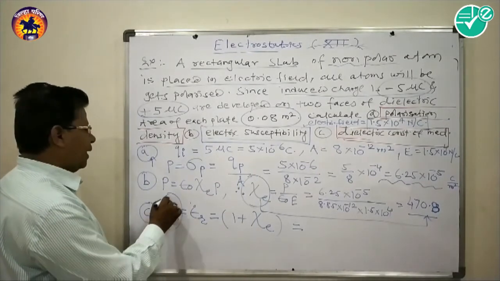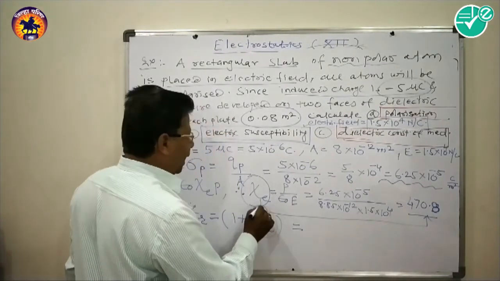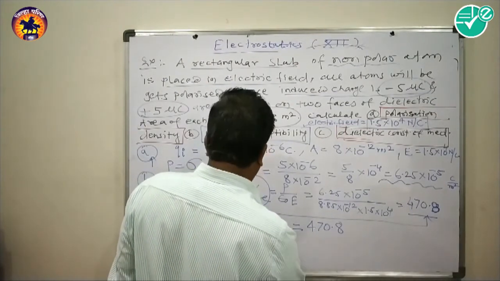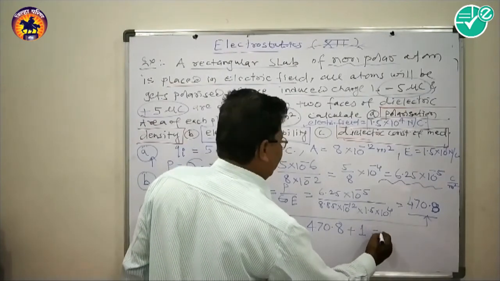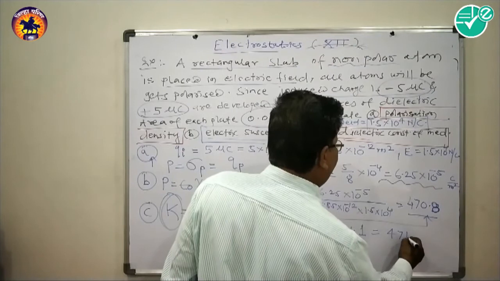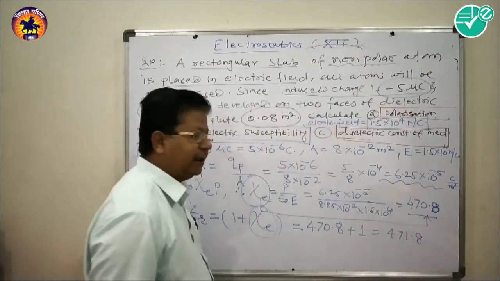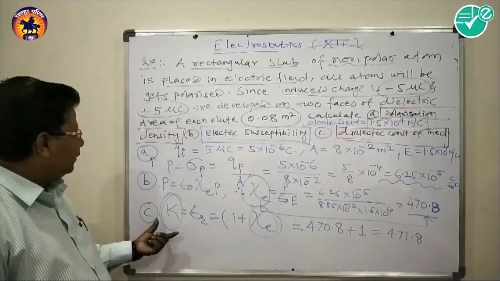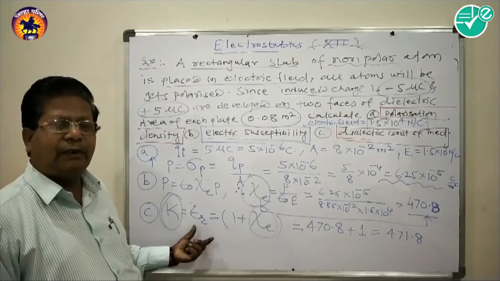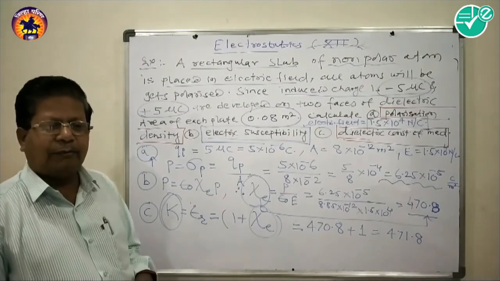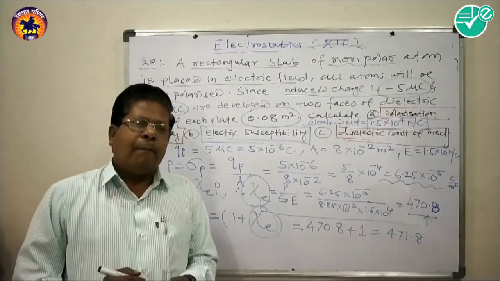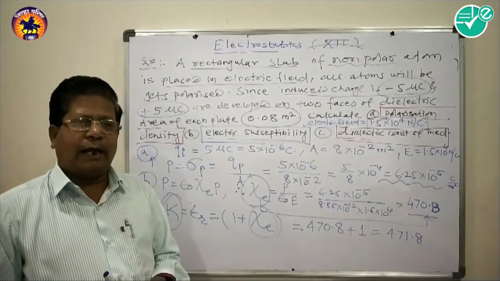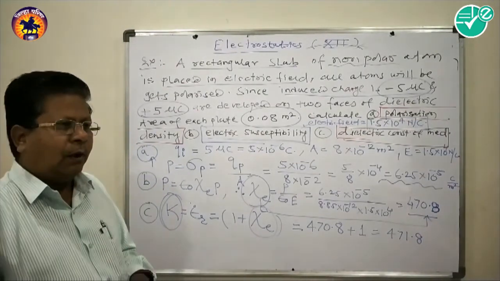So the value of this K comes out to be the value of chi e we have calculated, which is 470.8 plus 1, which is equal to 471.8. Again, it has no dimensions, no unit, because dielectric constant or relative permittivity is the ratio of two quantities, permittivity of medium divided by permittivity of free space, epsilon upon epsilon 0.